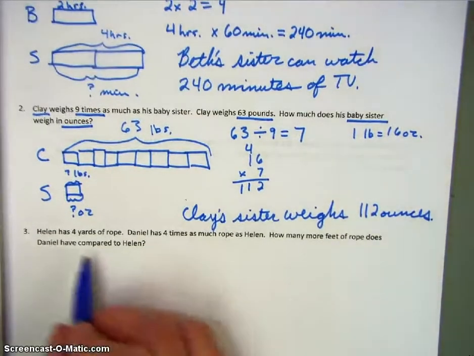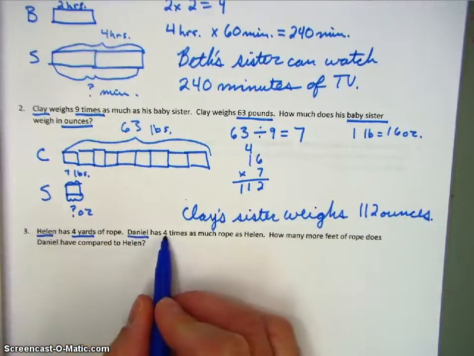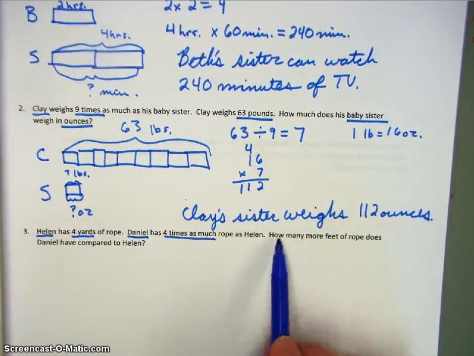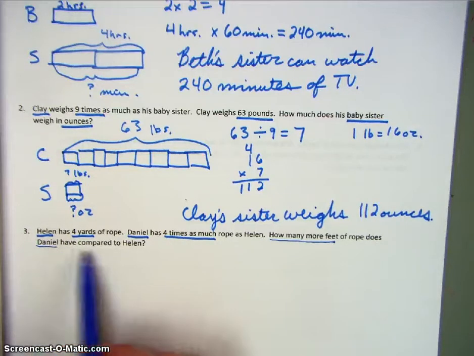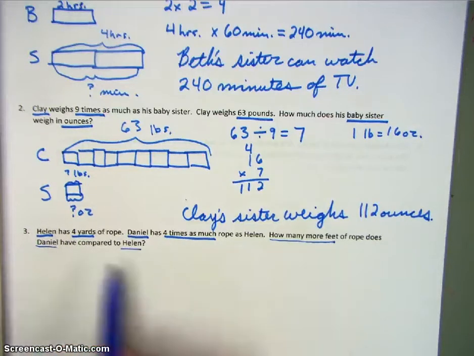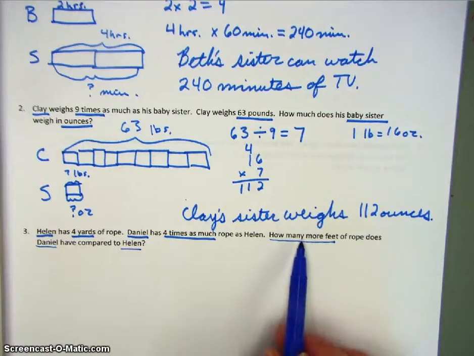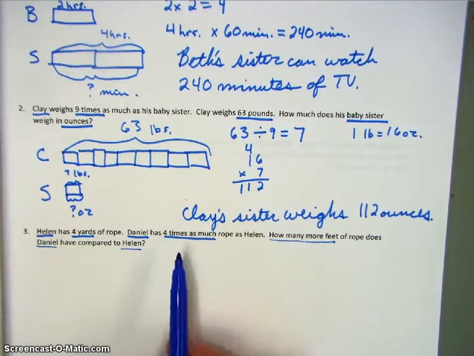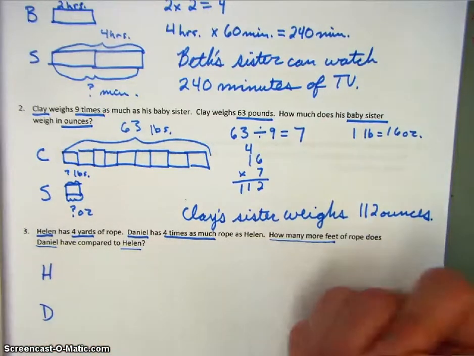Helen has 4 yards of rope. Daniel has 4 times as much as Helen. How many more feet of rope does Daniel have compared to Helen? So again, we have yards and feet. I see how many more, so we'll be doing some subtraction, but I also see 4 times as much, so we've got some multiplication in here too. So we have Helen and we have Daniel.